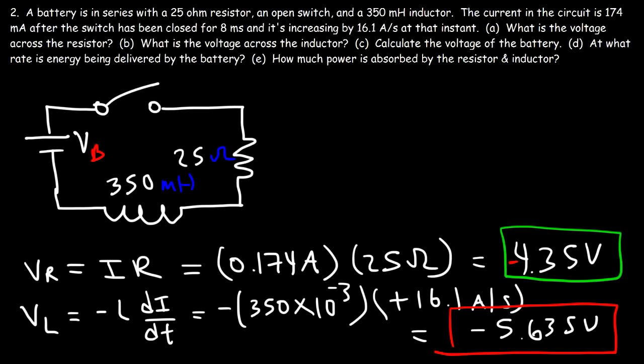So if we were to write an equation that will help us to calculate the voltage of the battery using Kirchhoff's voltage law, as we travel in this direction, this is going to be positive, negative, positive, negative, positive, negative. As we travel through the battery, we have a voltage lift.